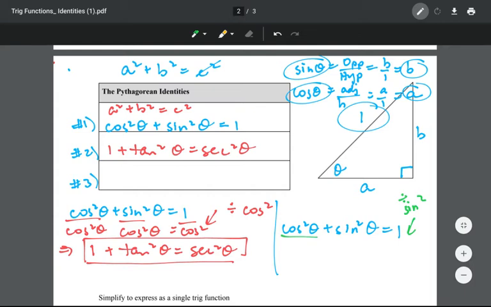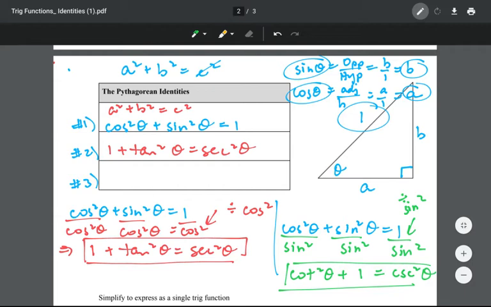So I'm going to run all the way through and divide everybody by sine squared. And I get the third version of this. Cosine squared over sine squared, that's cotangent squared theta. Sine squared divided by itself is 1, and 1 over sine squared is cosecant squared. And there's the last version.